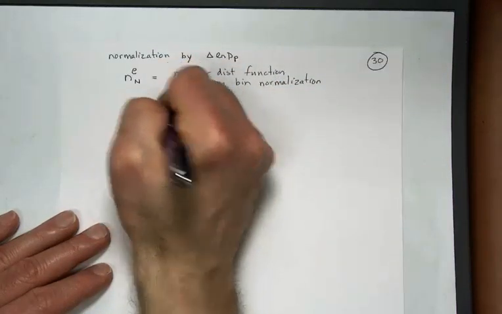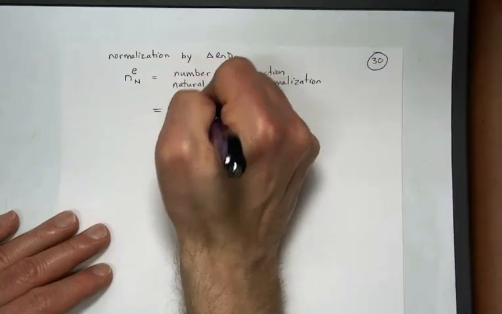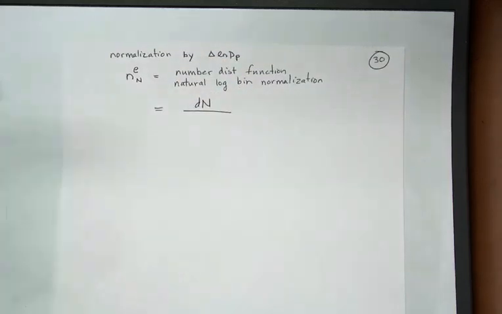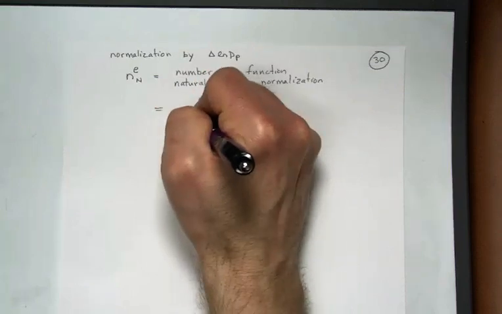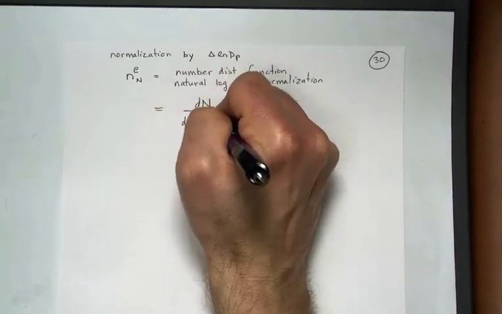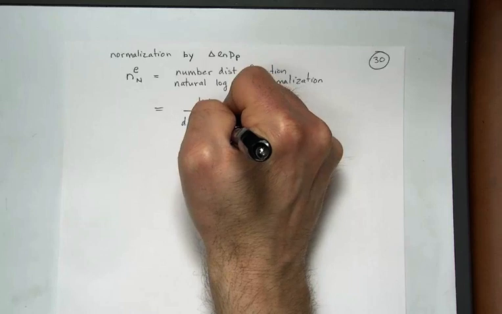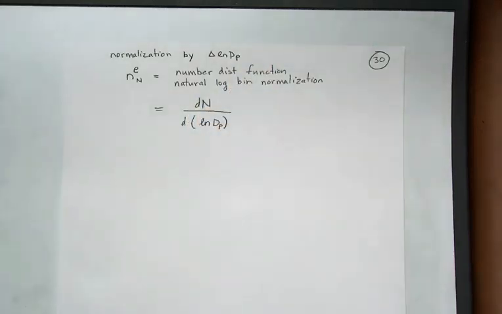Right, and that is going to be dN, the number of particles in a bin, normalized by the change in the natural log of the bin width.